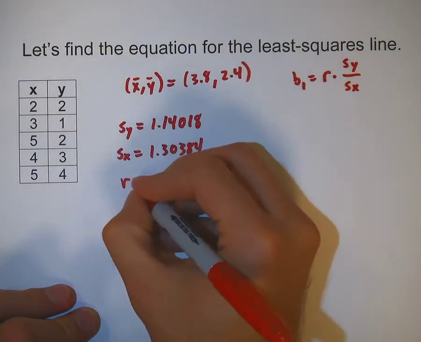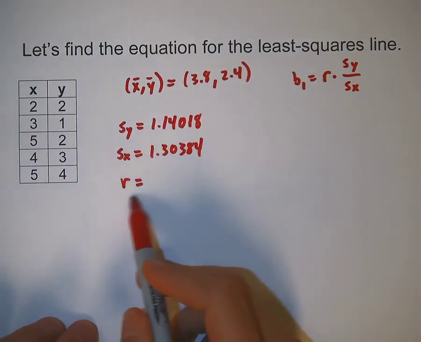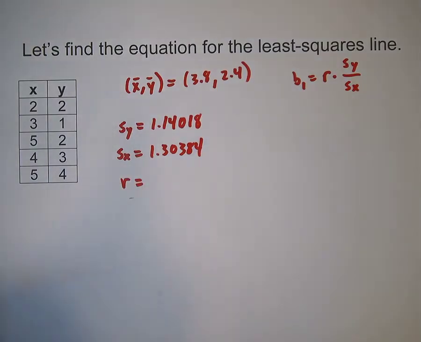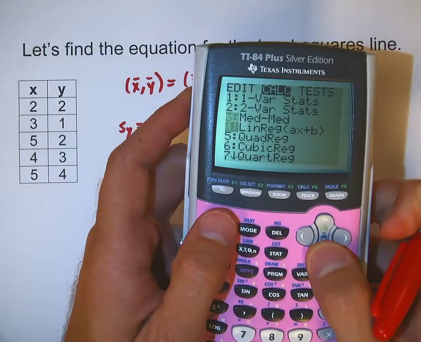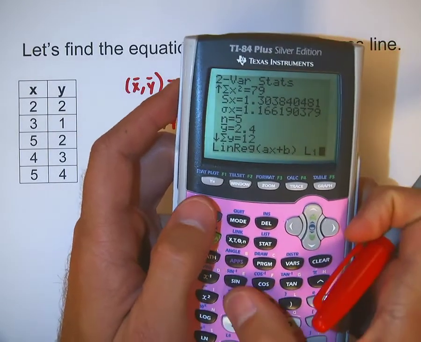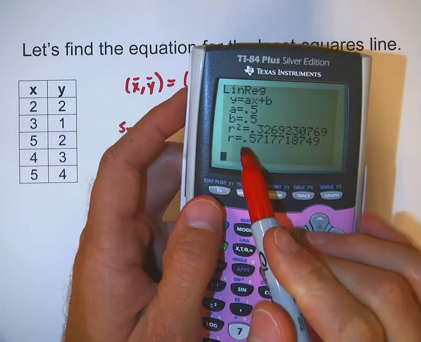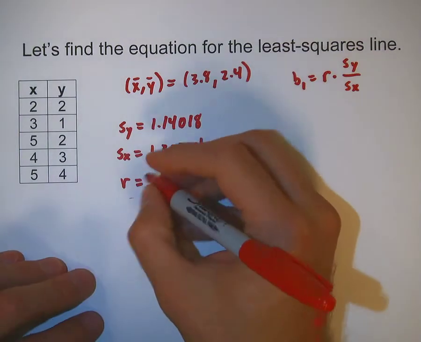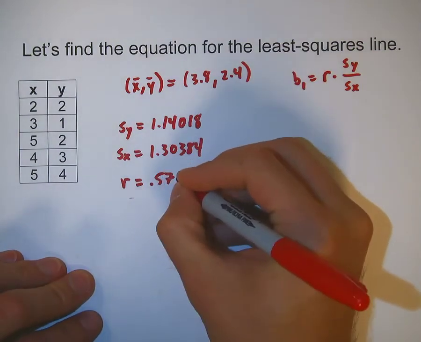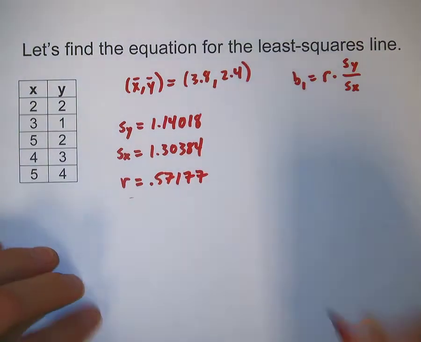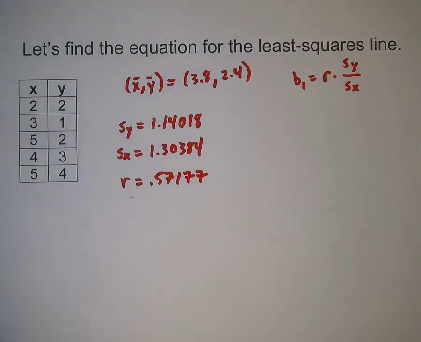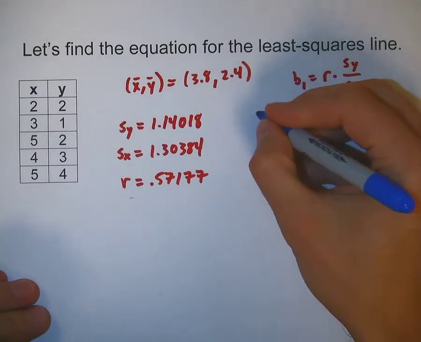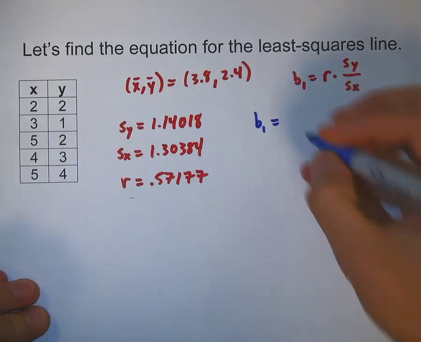That's most of my equation for b1. I still need to get r. We could go through the formula, but again, my calculator can find r. So r ends up being 0.57177. Now that I have all the values that I need, I'm going to find the value of my slope.